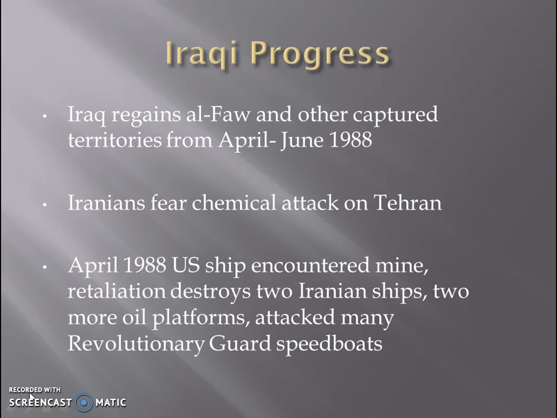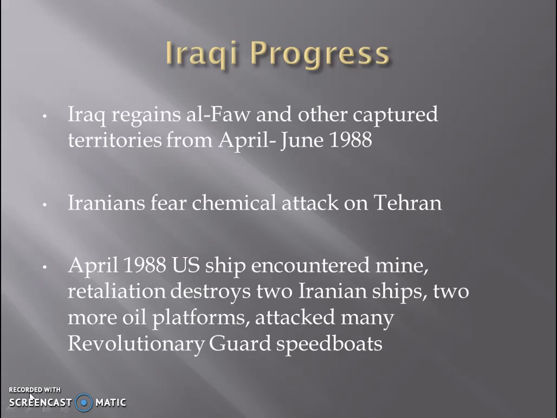At this point, in April of 1988, a U.S. naval ship ends up hitting a mine, injuring several of the seamen on board, and in retaliation, they completely take out 2 Iranian ships and severely disable another.